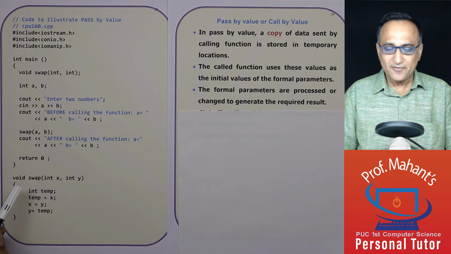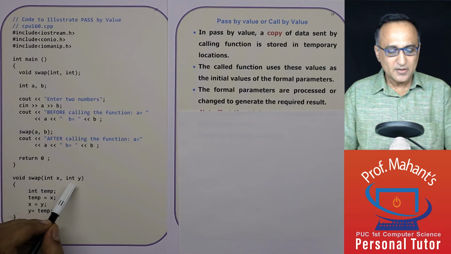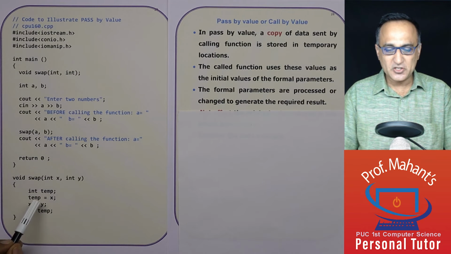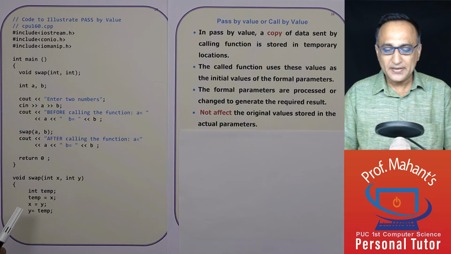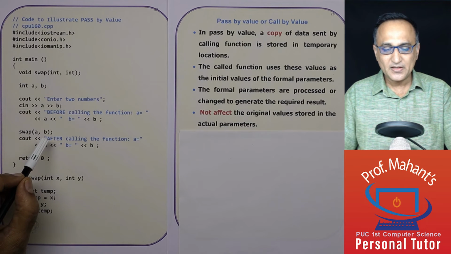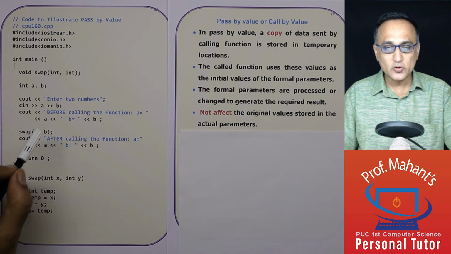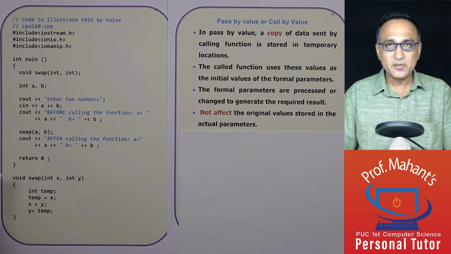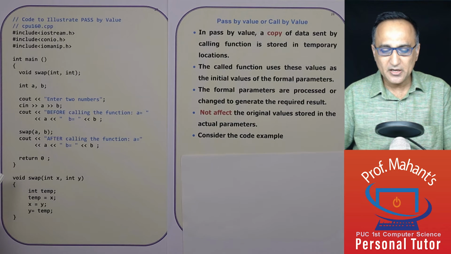Now, the formal parameters are processed. You did the exchange to do the required work. But these changes in X and Y will not affect the values of A and B, or the original values, the actual parameters, because A and B represent a different memory location, and X and Y represent a different memory location.